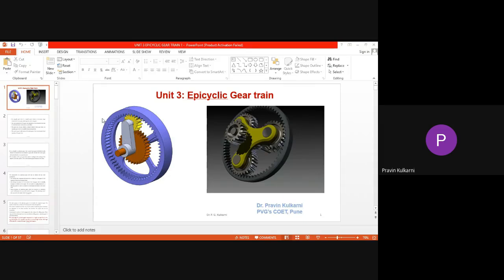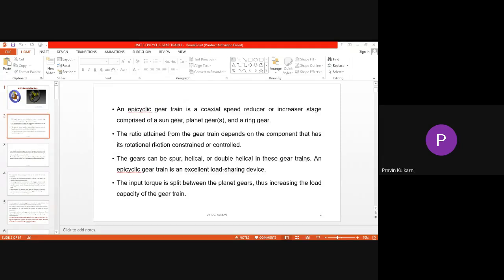If the arm is made free, the ring gear will be fixed. So, an epicyclic gear train is a coaxial speed reducer or increaser comprised of sun gear, planet gear, and ring gear. The gears can be spur, helical, or double helical in these gear trains. An epicyclic gear train is an excellent load sharing device.